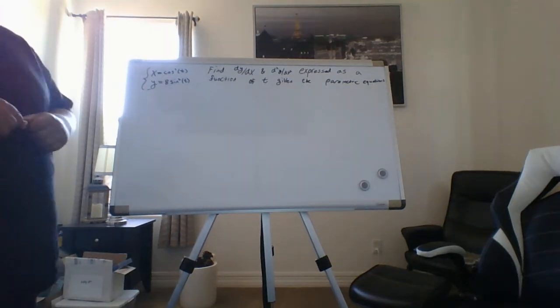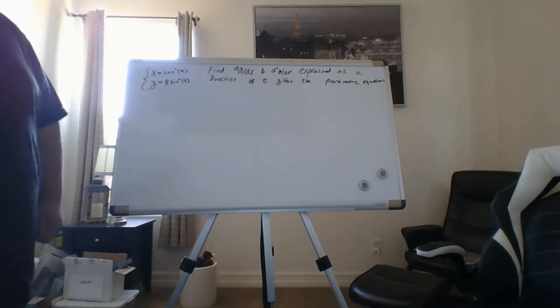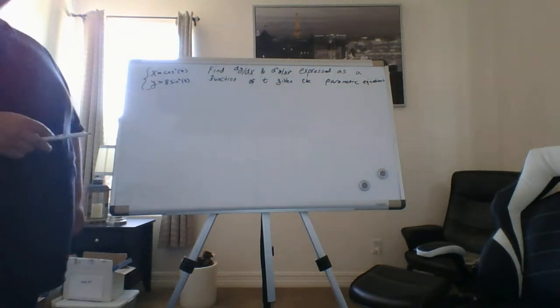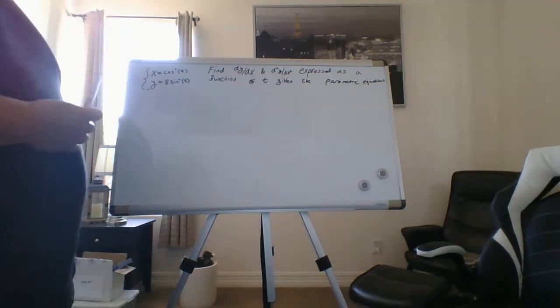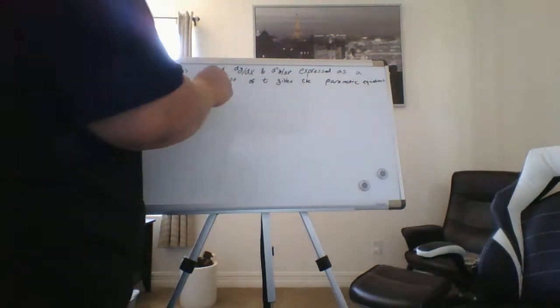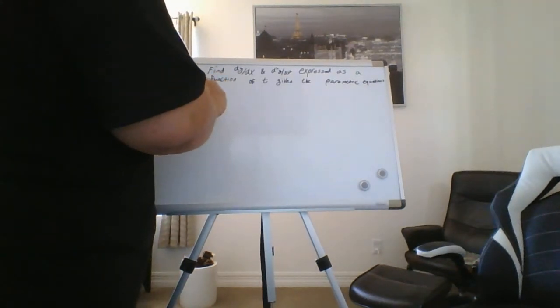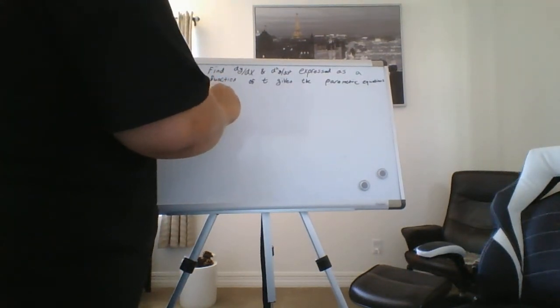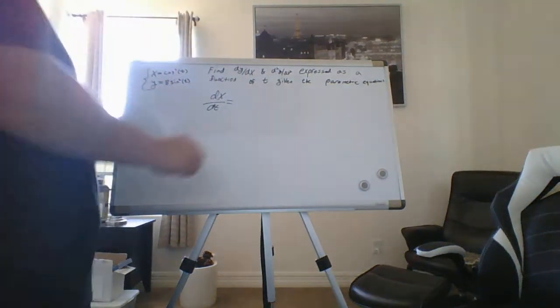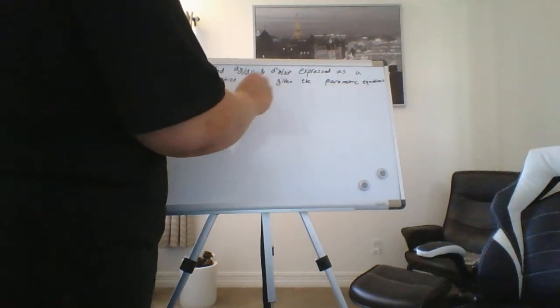So, the first thing we want to do is take the derivative of both of these equations. We're going to start with x. So dx over dt equals, you put the 7 out in front because this is the power rule.